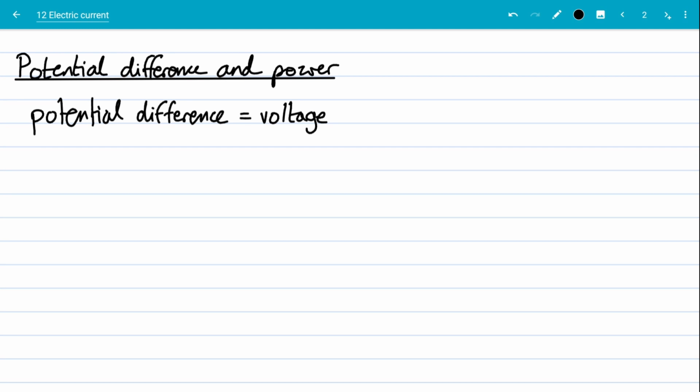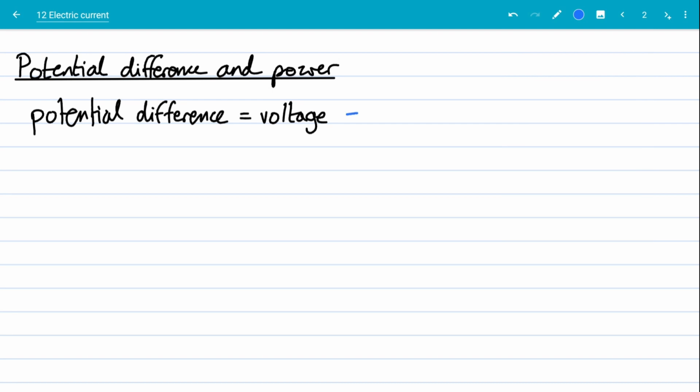You wouldn't say, what's the newtonage of those apples? You'd say, how much do those apples weigh? So, yes, the word voltage gets used early on in GCSE level, and then you get told, no, we'd prefer potential difference, but there is a good reason for that.